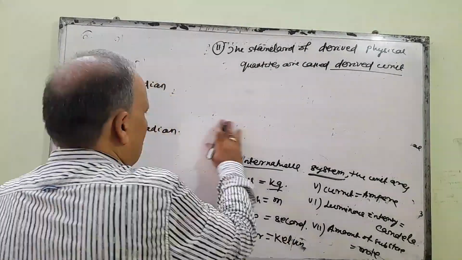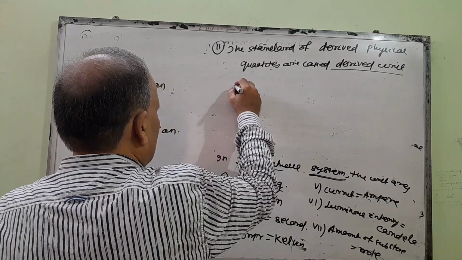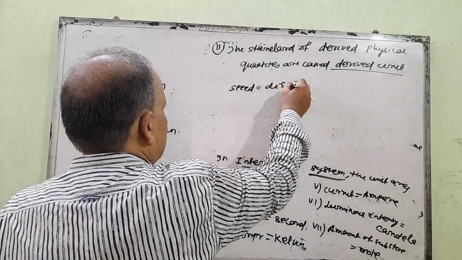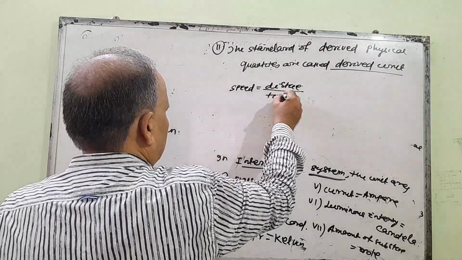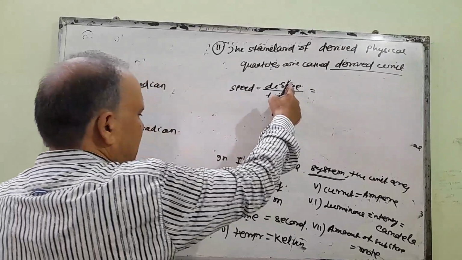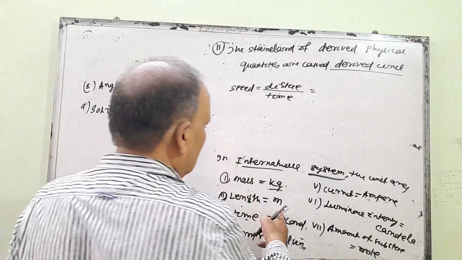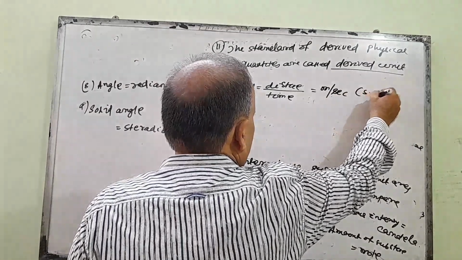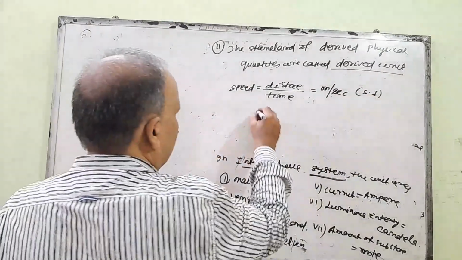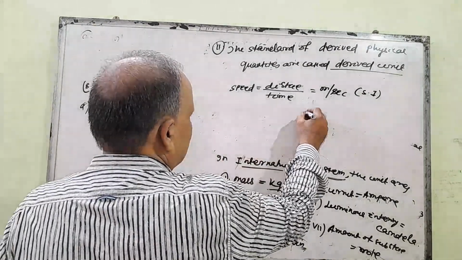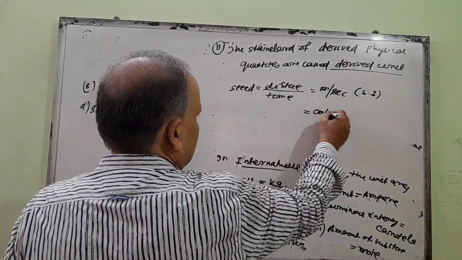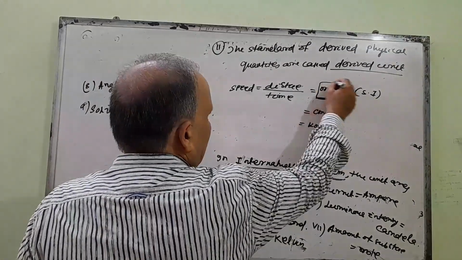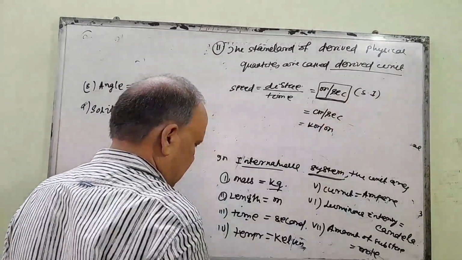Suppose you say speed. Speed is distance by time. Distance means it is a length, so its unit is meter per second in SI. Similarly, in other systems speed can be written as centimeter per second, or kilometer per second. But this is the SI, that is meter per second.